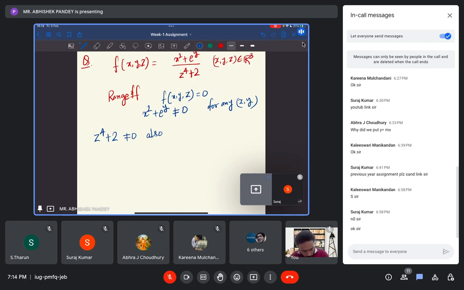So now, if you see that whatever the value we will take, this numerator x square plus e to the power y will always be greater than 0, isn't it?